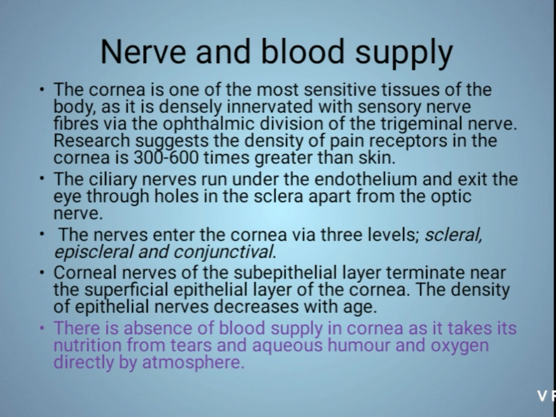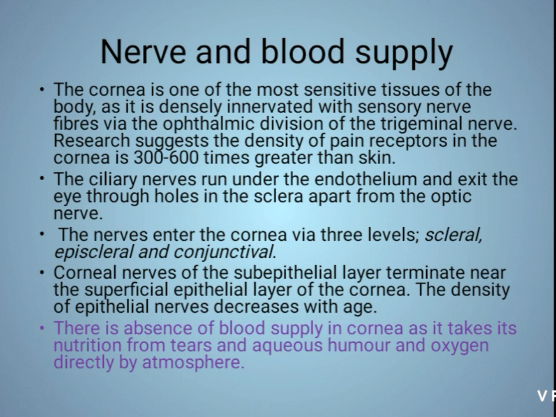Okay, the ciliary nerves run under the endothelium and exit the eye through holes in the sclera apart from the optic nerve. The innervation of the cornea comes from the sclera part, optic part and ciliary nerves part. The nerves enter the cornea at three basic levels, that are scleral, episcleral and conjunctival.